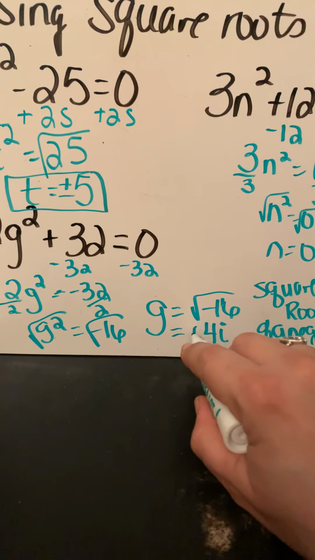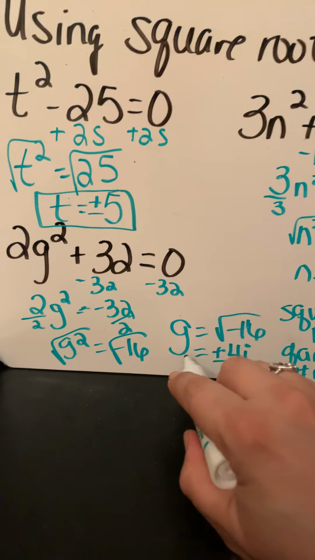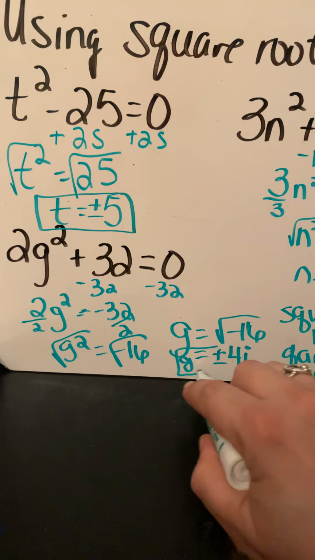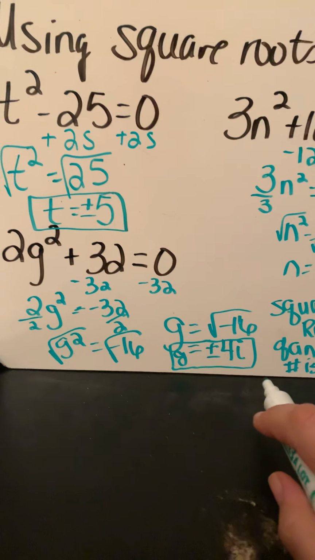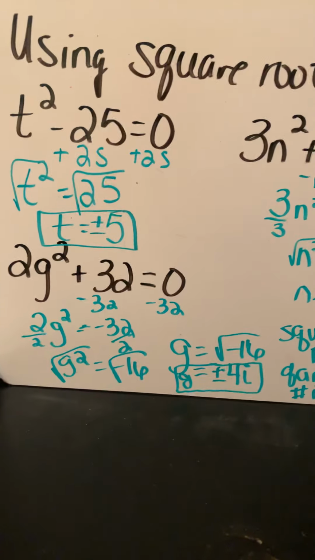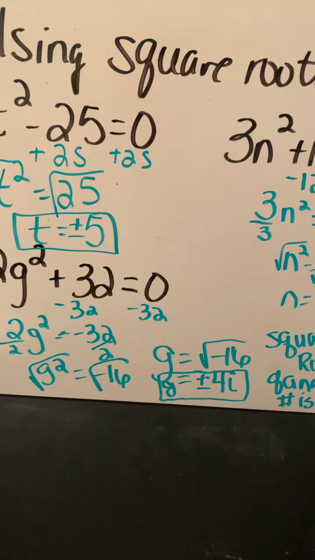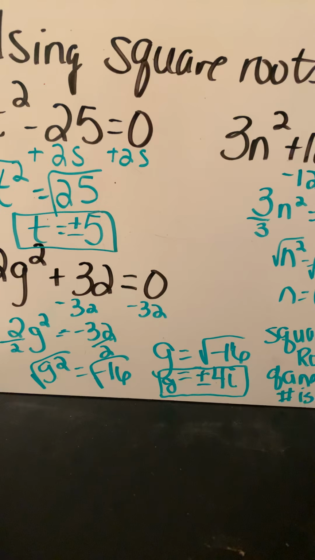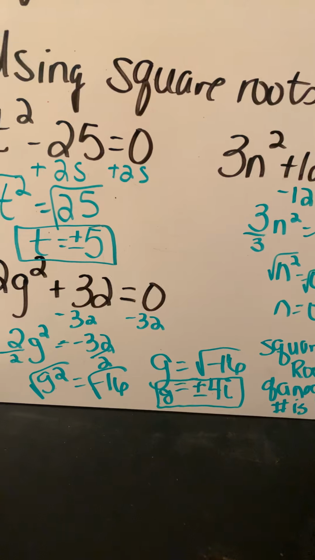Because it's square root, plus or minus. So my g equals plus or minus 4i. And that is what I am going to be looking for. That is what I am going to want to see when we have those negative radicals.